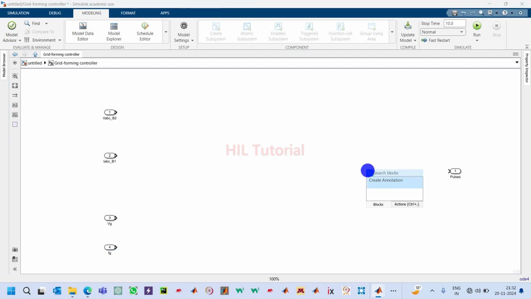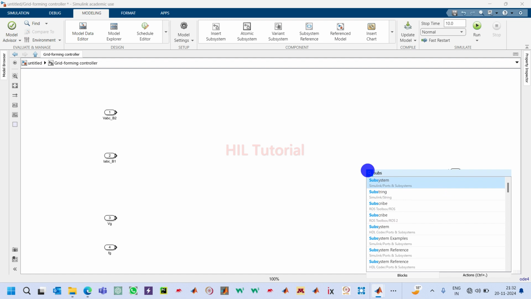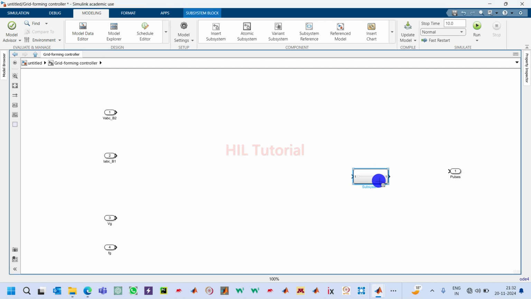So here we will take one subsystem and rename this one as sine PWM. So go inside.